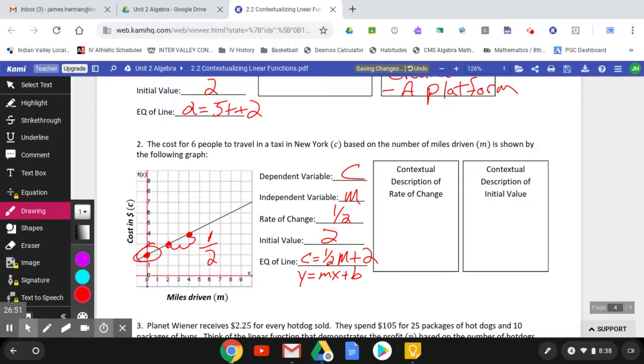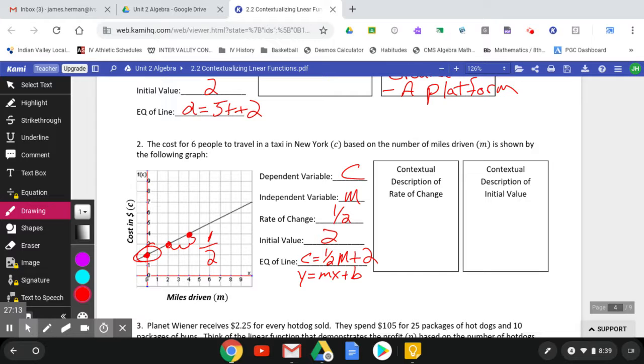So now in the context, what does the rate of change mean? Cost per mile. How much is the cost per mile? $1 for 2 miles.